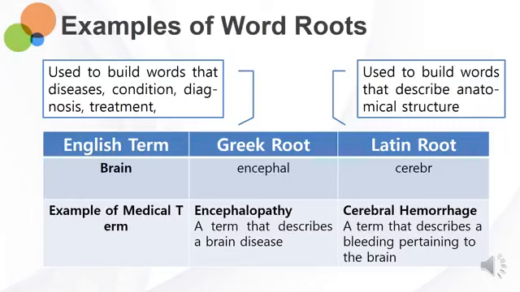Pathy denotes a disease, and encephal is the Greek root for brain. For the Latin root, I have chosen the medical term cerebral hemorrhage, which describes bleeding pertaining to the brain.